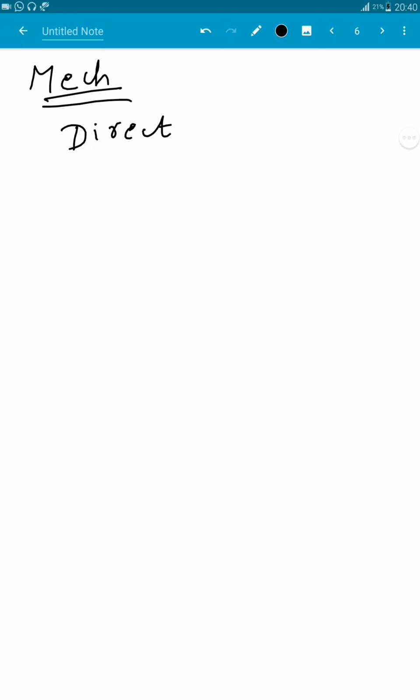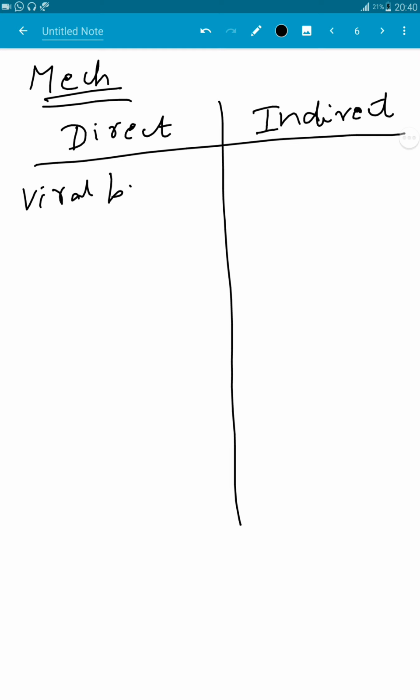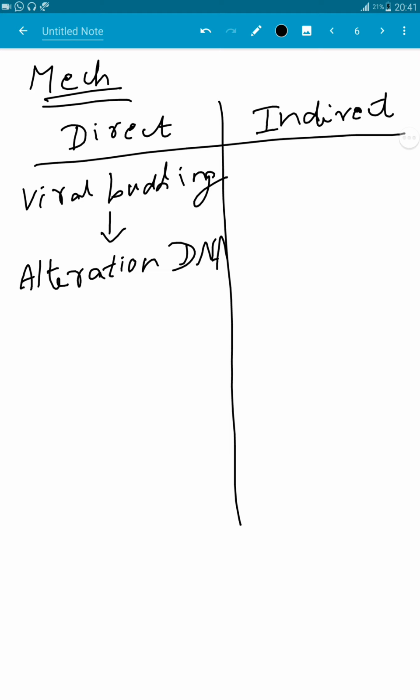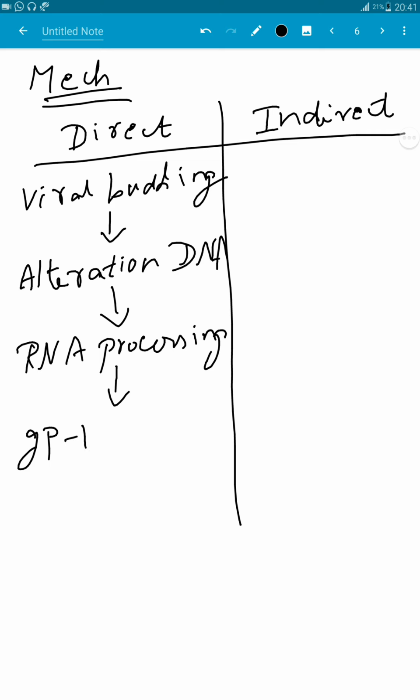In direct, first viral budding occurs, followed by alteration of the DNA of the human, followed by RNA processing, followed by the GP120 protein I discussed.